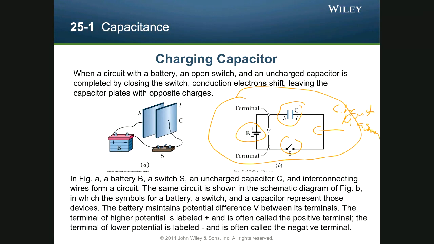When the switch closes, the potential difference across the system is equal to that of the battery. We're going to learn about ideal versus real batteries as we go forward, but we're just going to keep things simple as we introduce this idea.